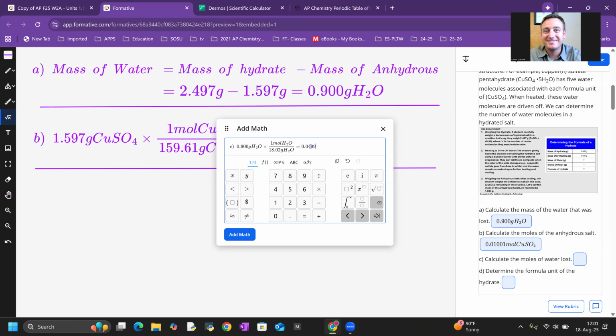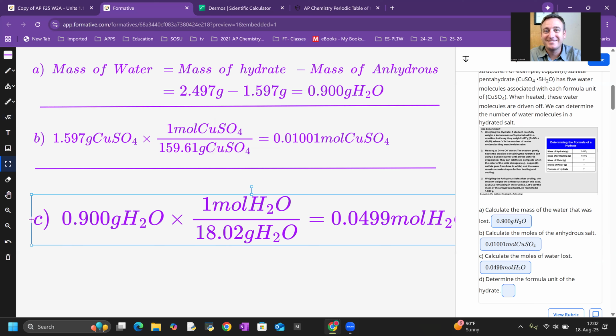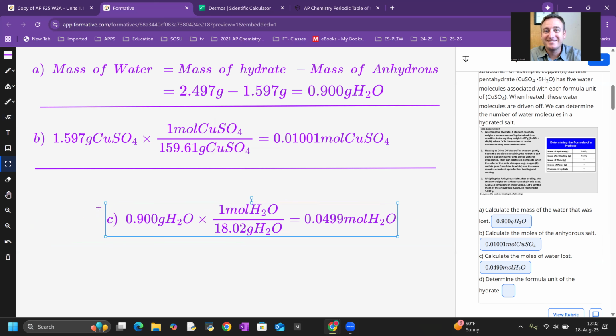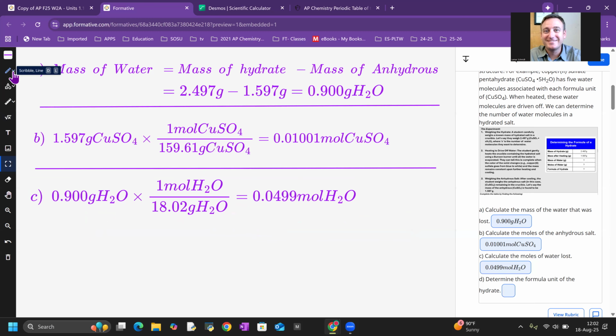So we're going to just put 0.0499 moles of water. Again, if I don't want to type water, I already have it saved as a copy and paste. But I go ahead and copy this answer, add math, that saves it, and then lastly, paste it into the response box so that I get credit, because you need to answer in both. You need to show your work and the response box filled in order to receive full credit.